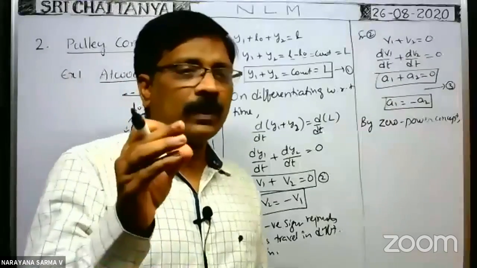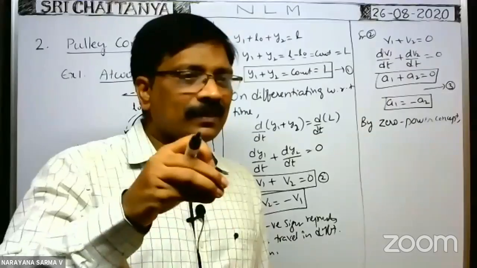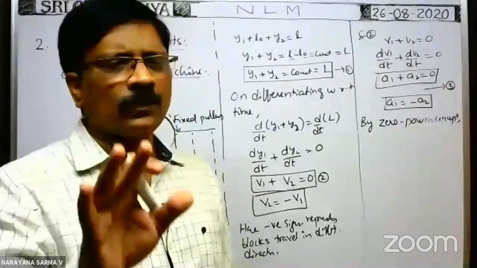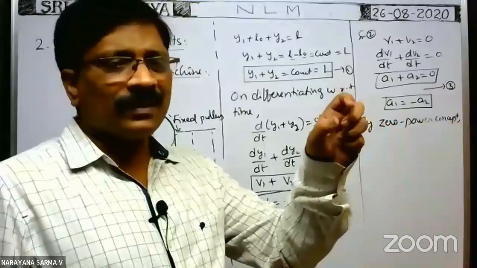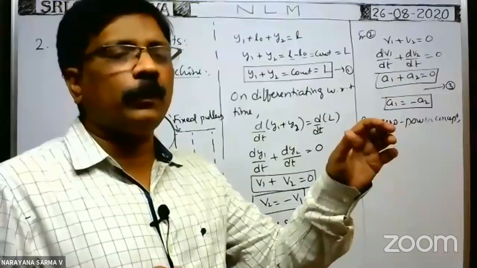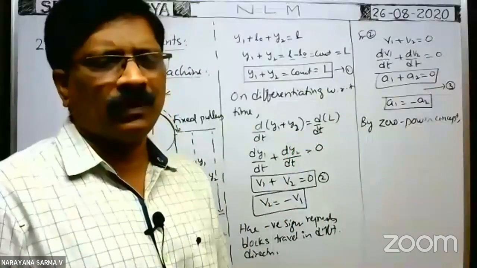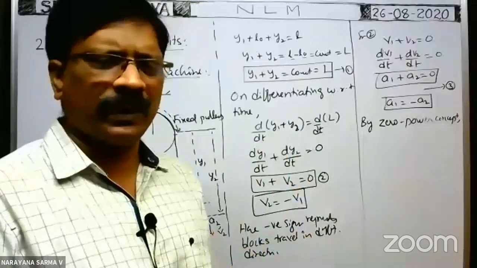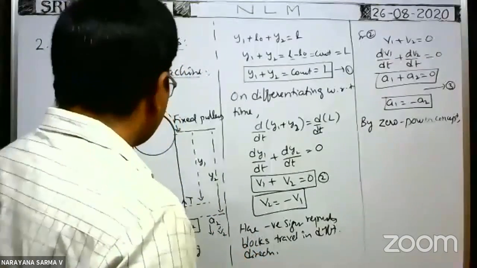The net power consumed by the tensions in the strings in moving the blocks is equal to 0 in any given system. For any system we can apply this method.